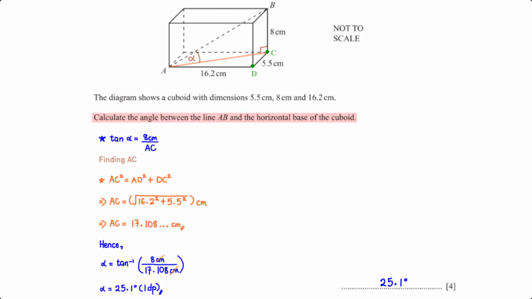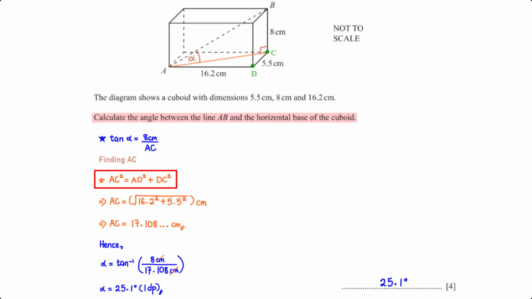We can get AC by applying the Pythagoras theorem to the right-angled triangle ADC. This gives us AC squared equals AD squared plus DC squared. AD is 16.2 centimeters and DC is 5.5 centimeters.